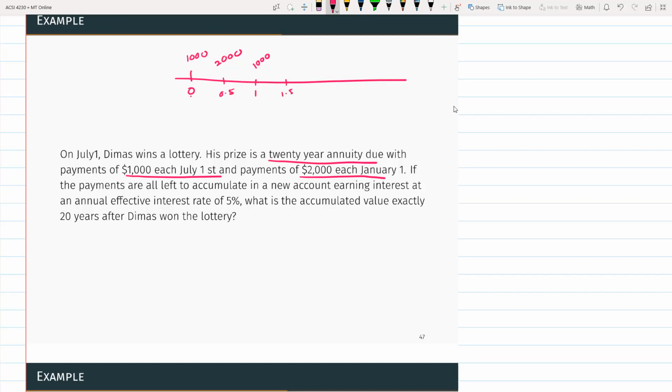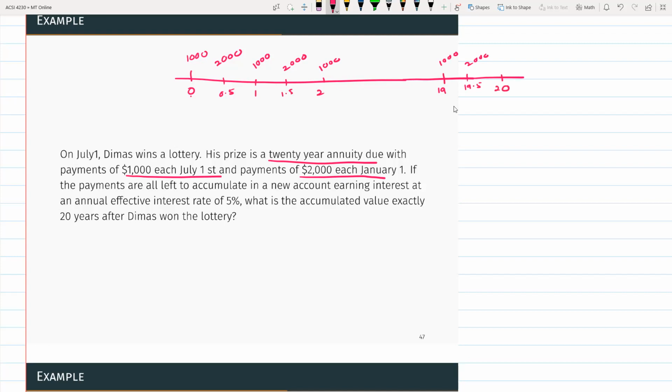Then 1.5, 2,000, 2, 1,000, all the way up to the last payment. This would be 19, which would be 1,000, 19.5, which would be 2,000, and 20.